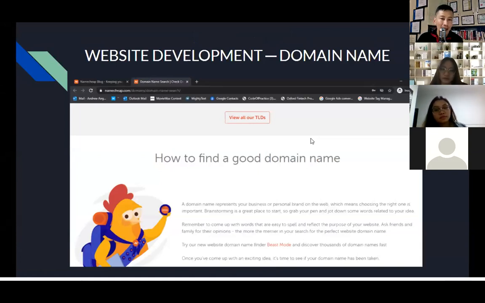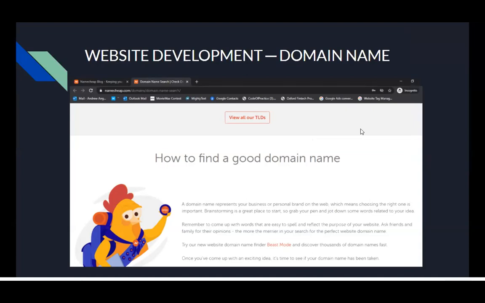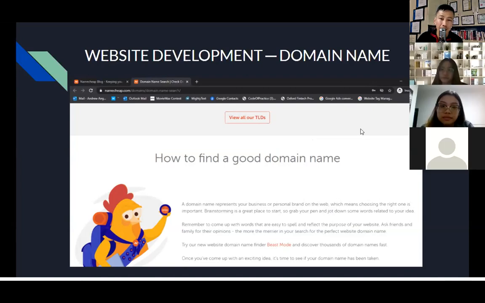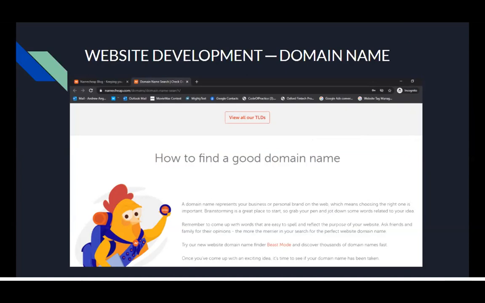Question: how to find a good domain name? I think it's important because this is usually the first step. When you want to develop your website, you will need to have a name. You can just Google, or ask your friends.